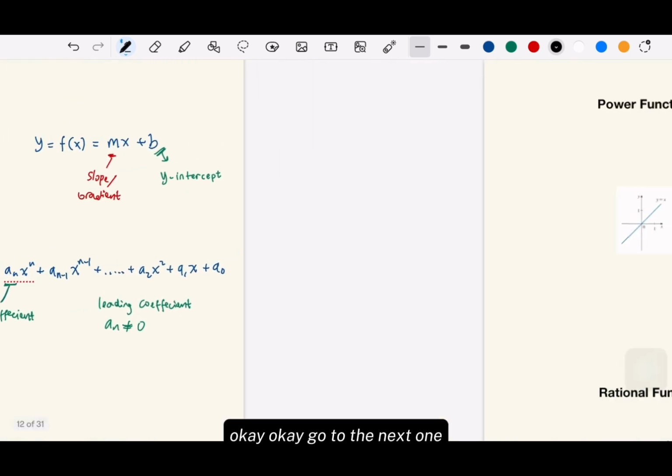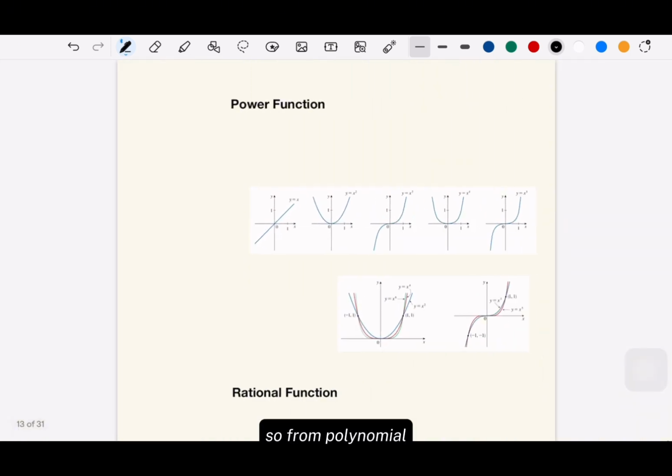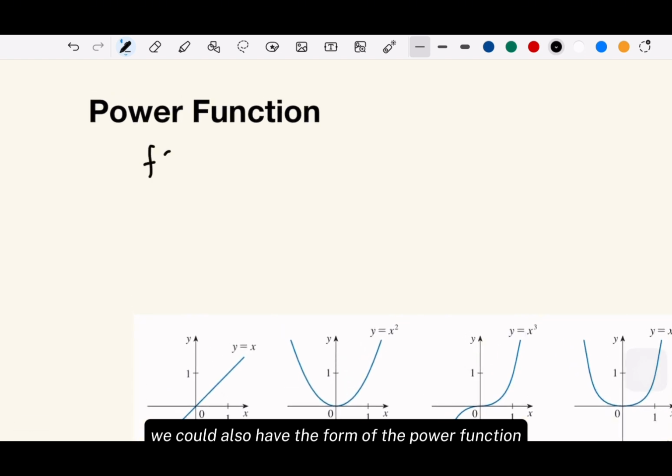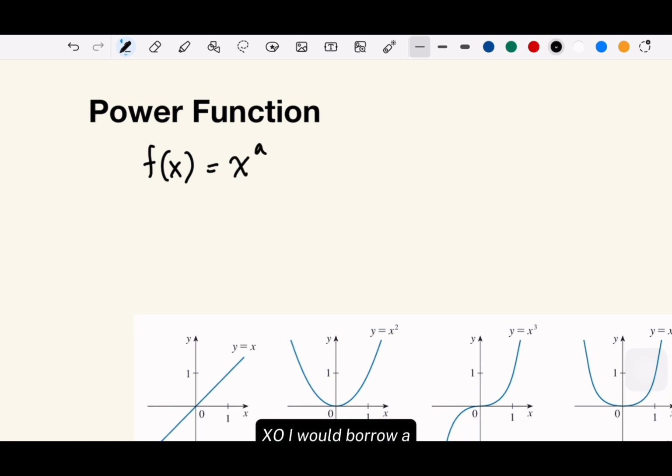Okay, go to the next one. So from polynomial, we could also have the form of the power function, which we usually write simply as x with power of a. I would like to distinguish between the polynomial and the power. So a is a constant.